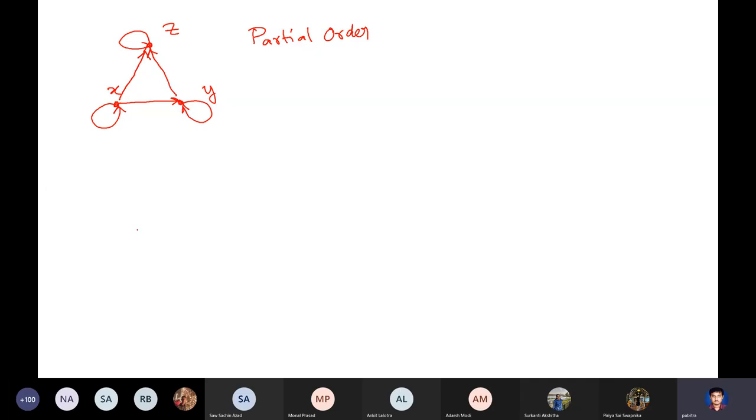So what I do is I take a convention that all arrows point up, because arrows are in one particular direction. So I arrange X, Y, and Z in such a way that all arrows point up. All arrows point up. Right?